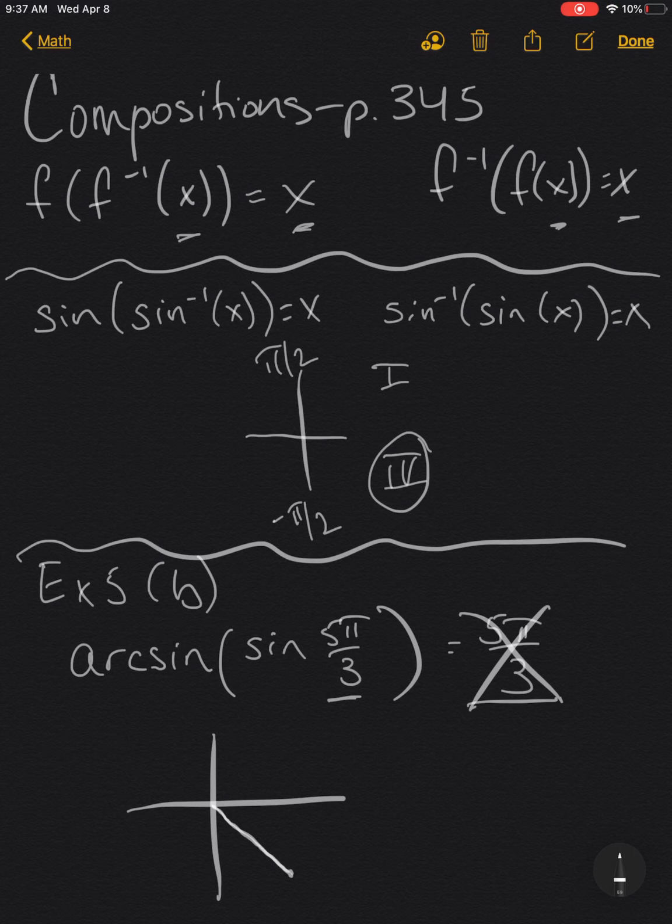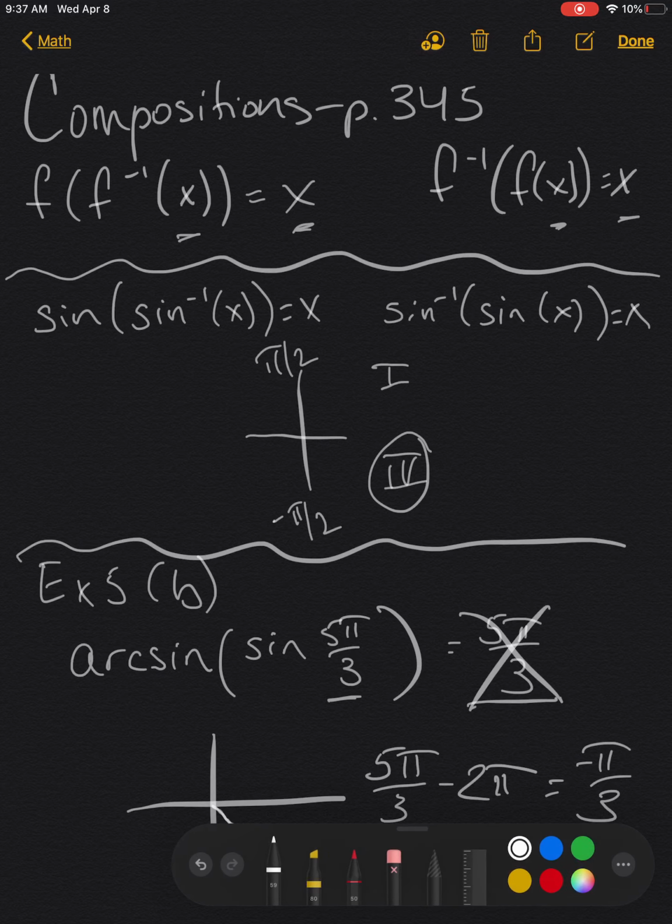So knowing your skills from earlier in chapter 4, in order to find a coterminal angle, we're going to subtract 2 pi, because it wouldn't make sense to add 2 pi, since then we would be going even further outside of the range. So we're going to subtract an entire rotation and see if we can get a value within that range. And indeed we can. Negative pi over 3 is a value within that range.